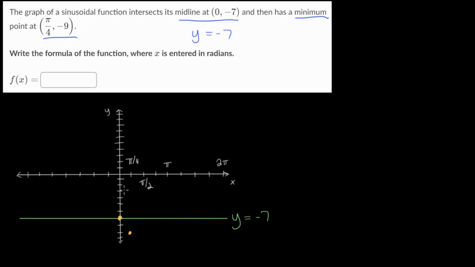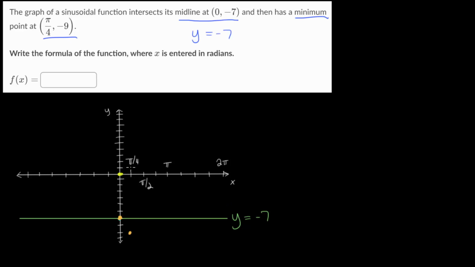To choose between sine or cosine, we need to just remember what happens when x is equal to 0 for the parent functions. If we were dealing with the sine function, when x is equal to 0, the sine function goes through its midline. It is also equal to 0 there.